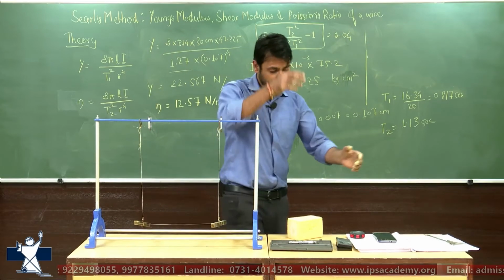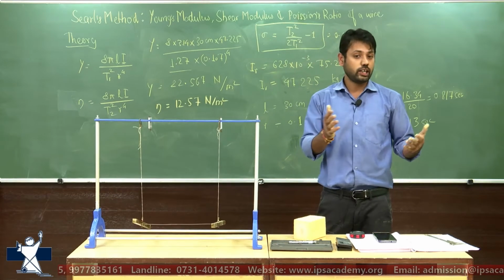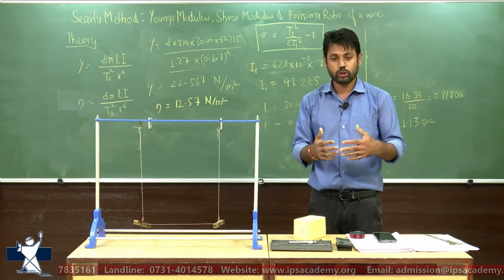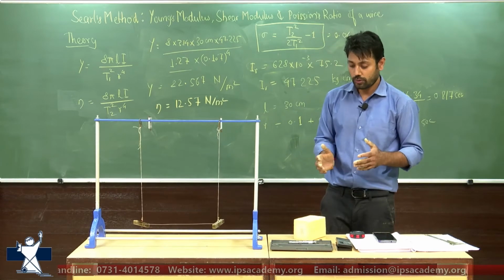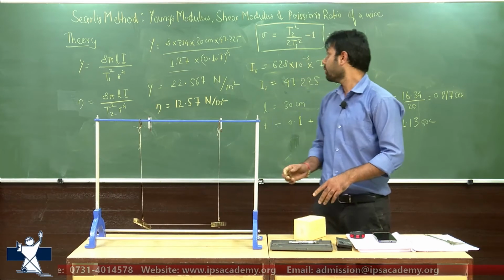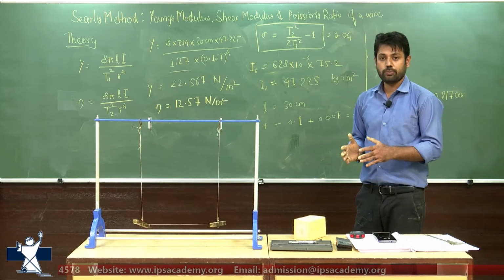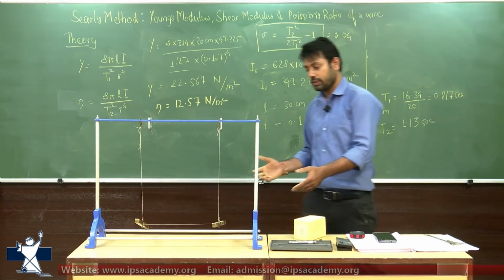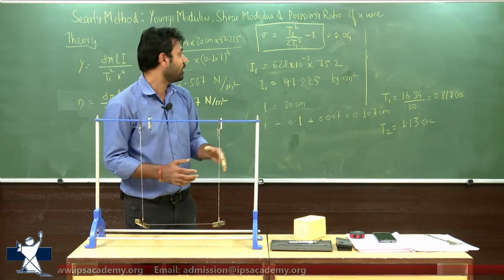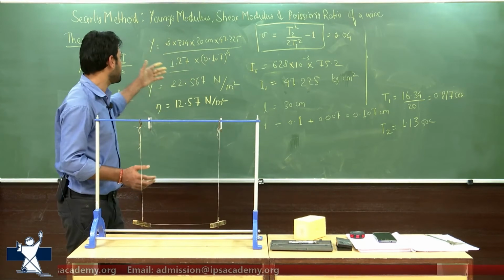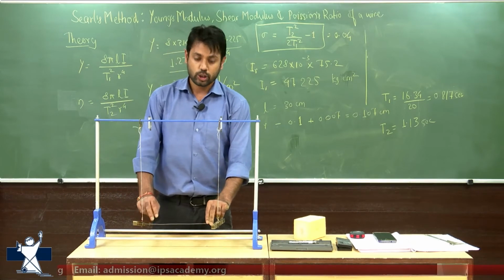So with this experiment I hope you learned how we combine different concepts of physics to derive a simple expression of any physical quantities. So finally I would like to say that Searle's method is a very ingenious and elegant method to measure these material properties like Young's modulus, shear modulus and Poisson's ratio of any given wire.